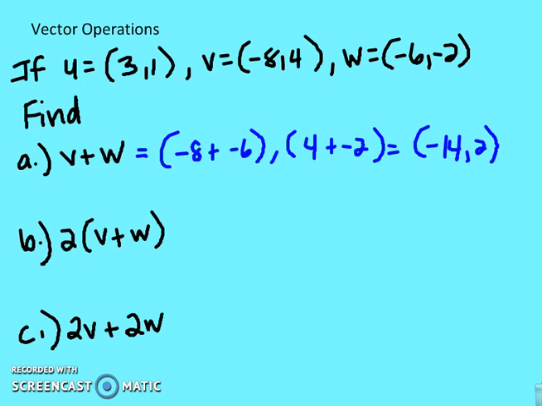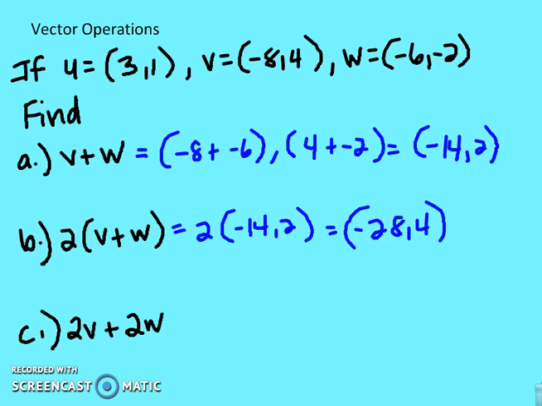All right, you see that v plus w is (negative 8 plus negative 6, 4 plus negative 2), or (negative 14, 2). 2 times v plus w: we said the distributive property also applies to vectors. So this ends up being 2 times (negative 14, 2), which is v plus w, or (negative 28, 4).